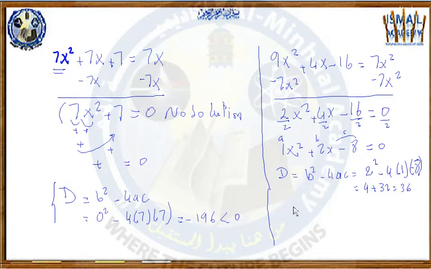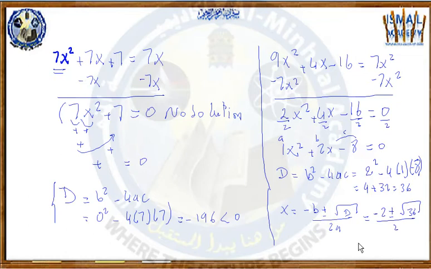Is that clear? Then I know this is positive, so therefore x is going to be equal to minus b plus or minus the square root of the discriminant over 2a. This is the formula of the solution if it's positive. So therefore, what is my b here? It's 2. So it's going to be minus 2, plus or minus the square root of 36 over 2 times 1, which is 2.